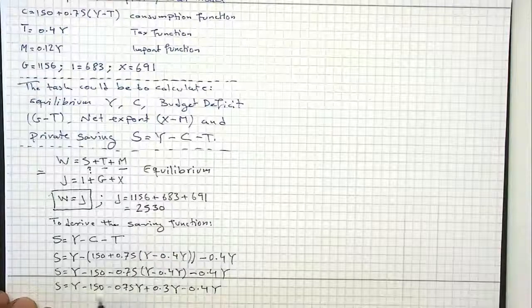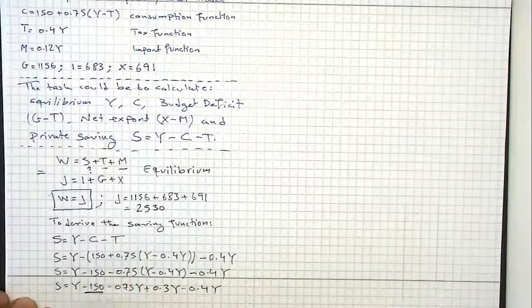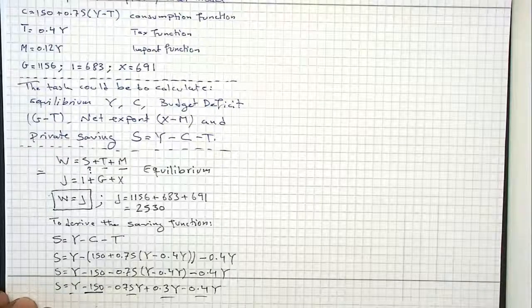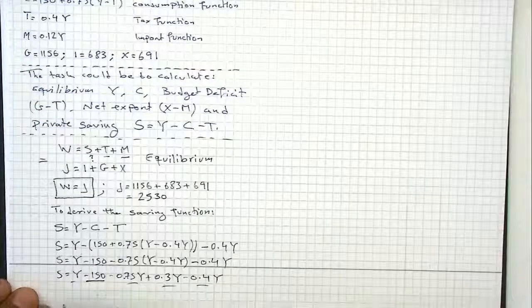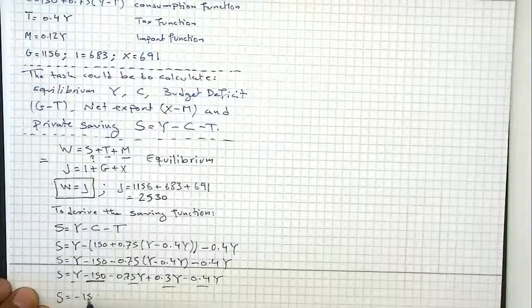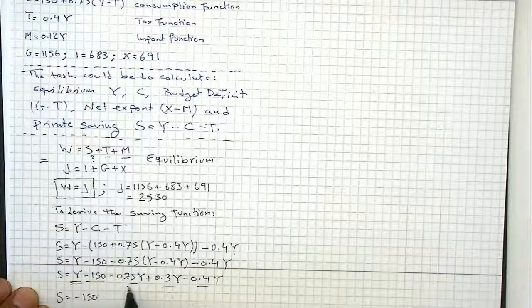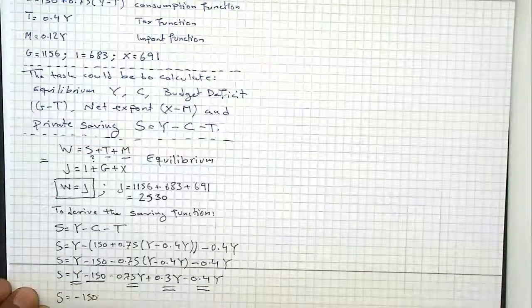Now I can add up all these. I have only one constant, and then add up these terms including Y. So S equal to minus 150. I write this one first, and then next step I add these together.